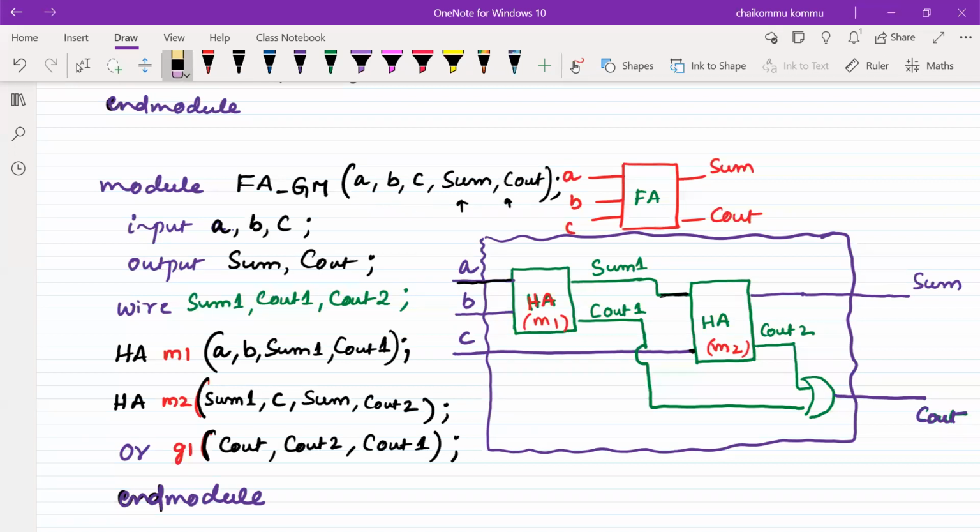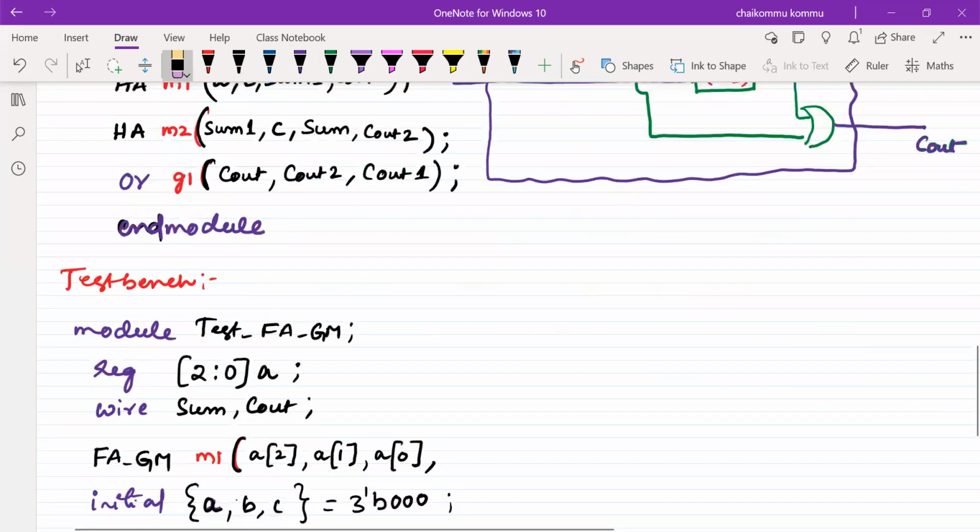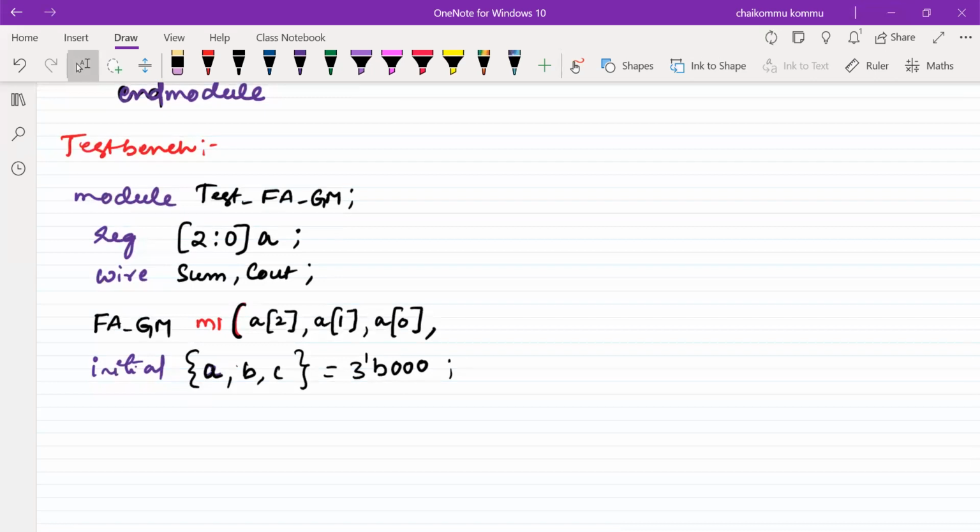Whenever we call this module, the same sizes have to be mentioned individually. So A of 2 is mapped to A, A of 1 is mapped to B, A of 0 is mapped to C. Individually everything is mapped directly, so I have to write it like this instead of A directly at the module level. We have to be very careful about it.